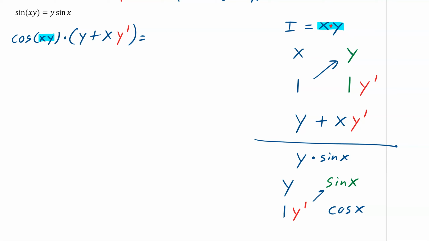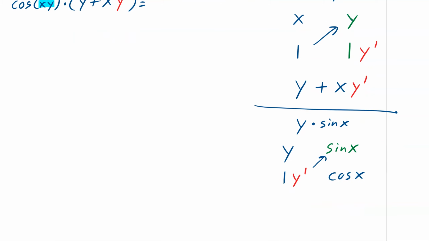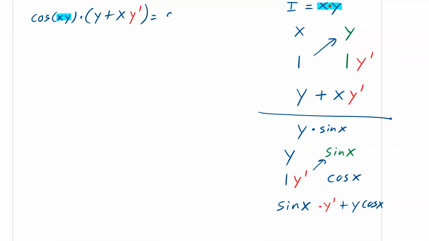And then we do our little multiply. So that would become sine x times y prime plus, and then y cosine x. And that is what we get on the other side. So sine x times y prime plus y cosine x.